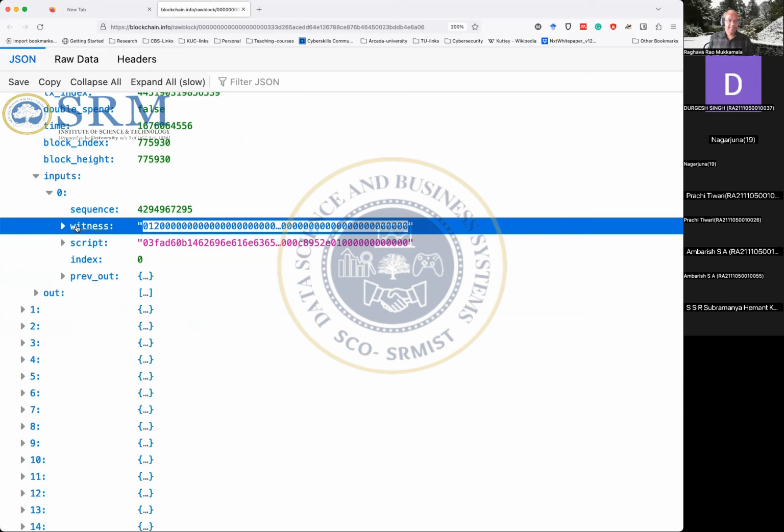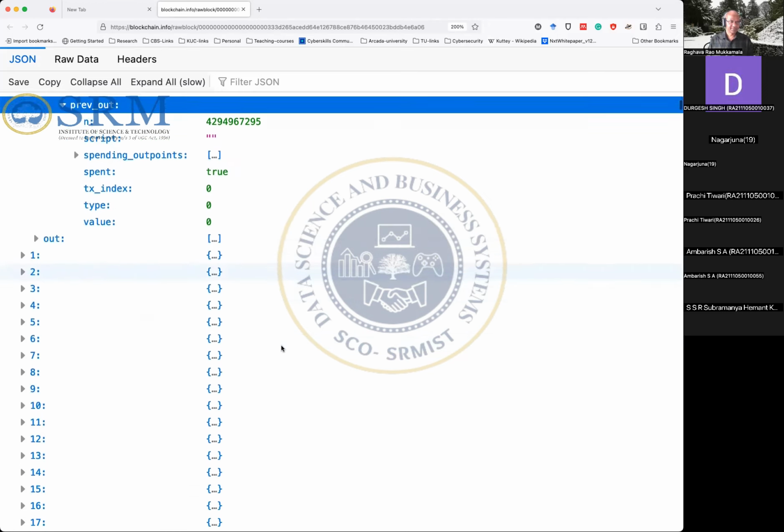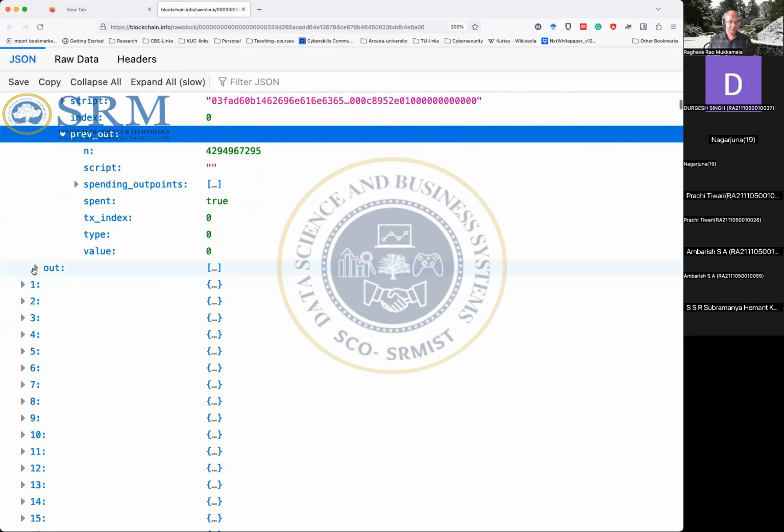And it could also be much more advanced. In the recent versions of the Bitcoin proposal, it contains the signatures and things like that, because you can use it for advanced functionality. But for the time being, you can think that this is a signature of the owner of the coin transferring it. Okay, let's look into the output.